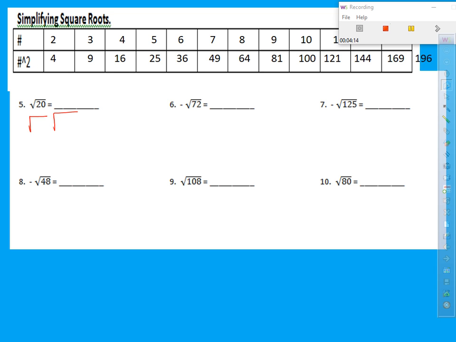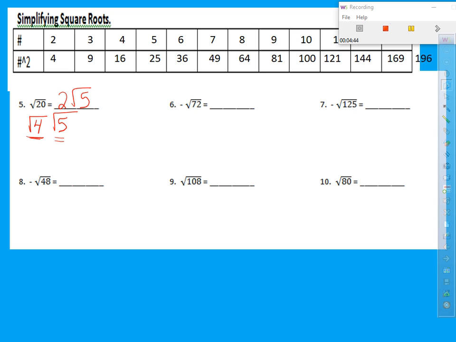So we need to find one of these bottom numbers that goes into 20 nicely. This one's kind of easy. 4 we know the square root of, which leaves me a 5. Now when I reduce this, the square root of 4 is 2. The square root of 5 is the square root of 5. We're all done. So the key is, write it as something that you know the square root of times something that you don't.